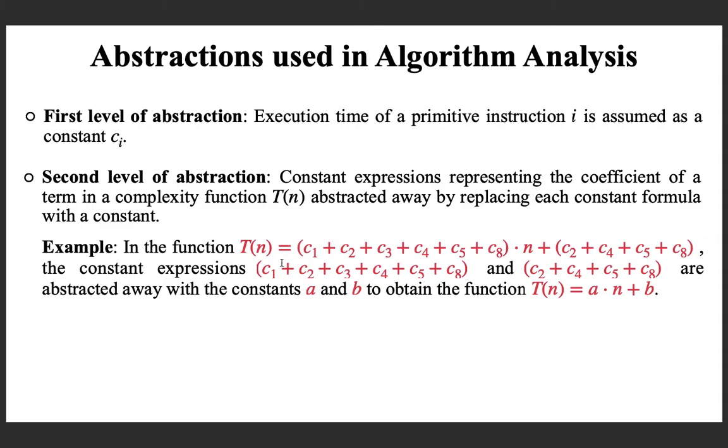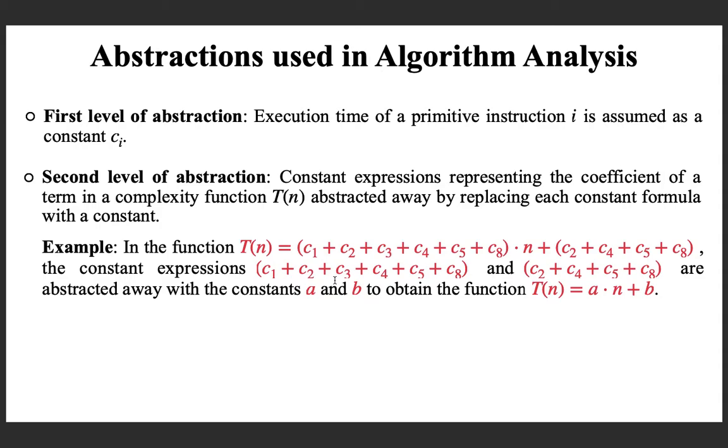If you recall from the previous lecture, this is one of the time complexity functions that we obtained. In the best case, the selection sort resulted in this formula, that is, a sum of constants multiplied by the input size n plus a sum of another set of constants.